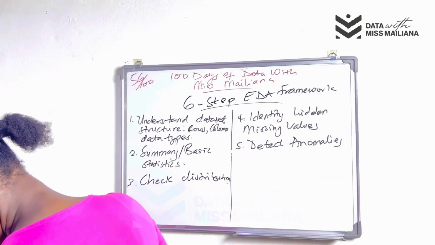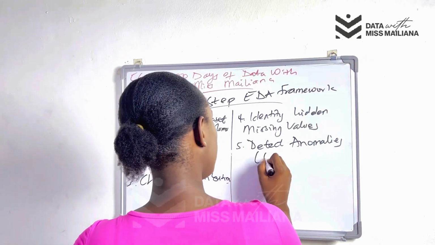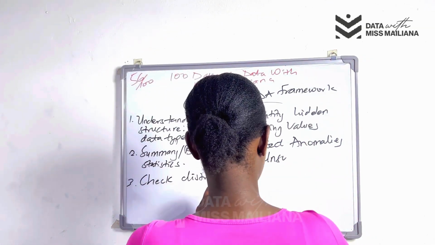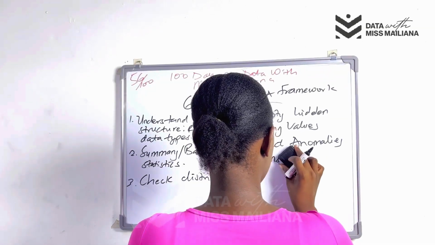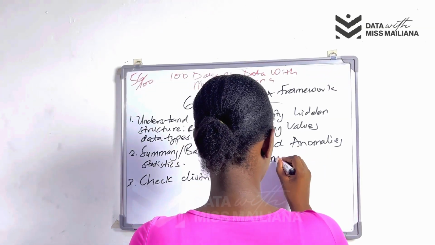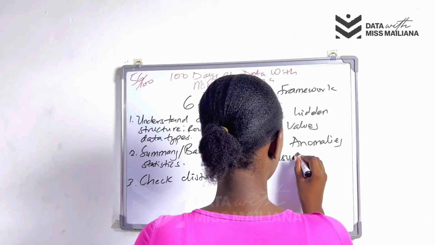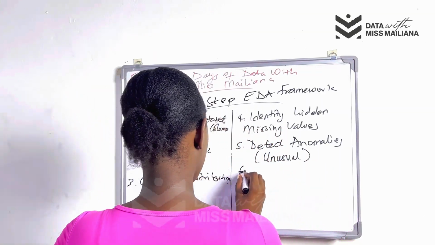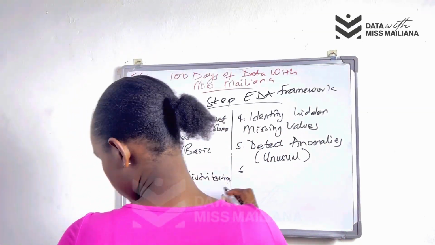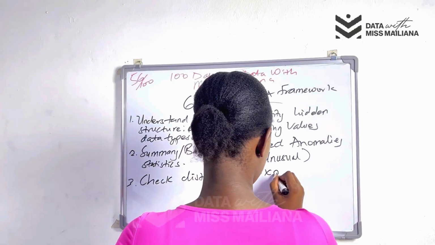Sorry, I added a T to it. So that is unusual things, right? Don't be scared of the word. I think when I was learning, I was also scared of the word at a point. Unusual. So it's just unusual things that you've not seen before. Then you explore relationships.